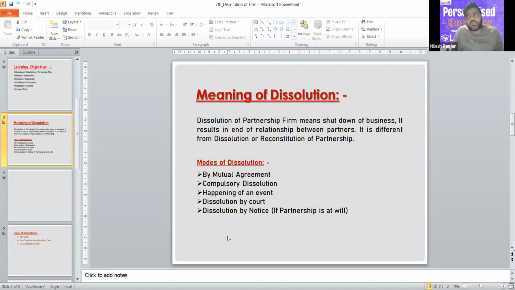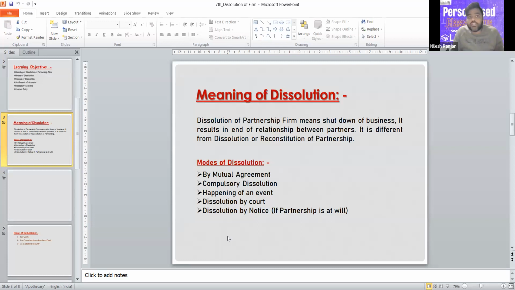Like if a tenure of the business is written in the partnership deed, then after completion of that tenure you have to close your business. Like it says we will continue the business for 6 years, and now the 6 years are complete. Or there may be a situation where it is written in the partnership deed that if one partner is dead, we have to dissolve the firm.